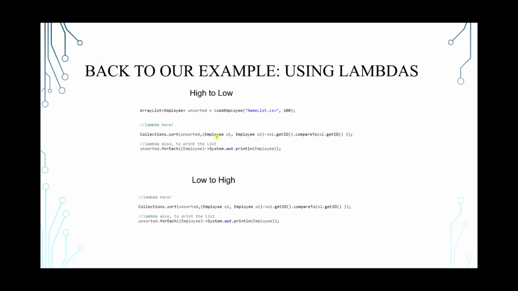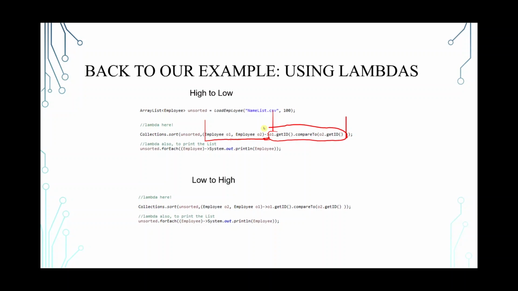Okay, back to our example, the one where we have a list of employees and we are trying to sort them. Right now we are going to use Lambda expressions. So with the Lambda expressions, we can say simply employee O1 and employee O2, do this: sort based on IDs of employee, if employee 1 is greater than employee 2.